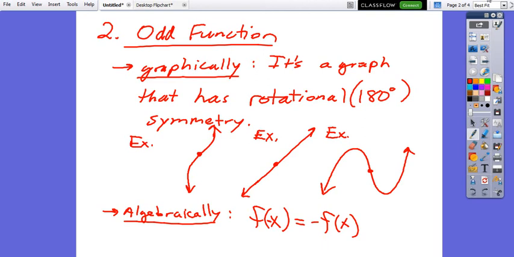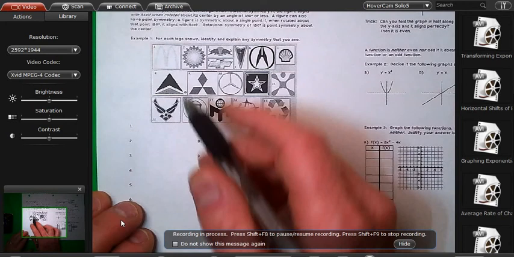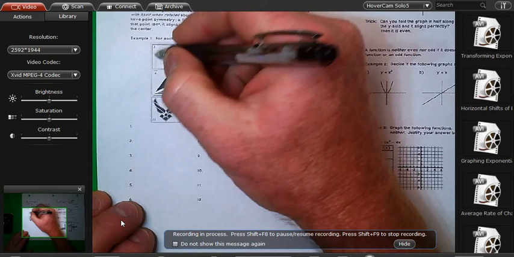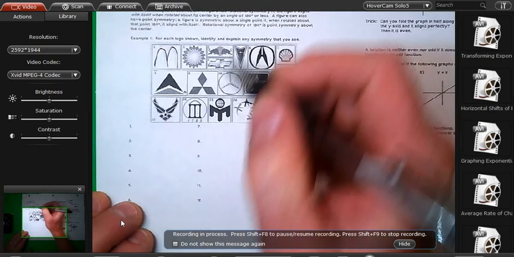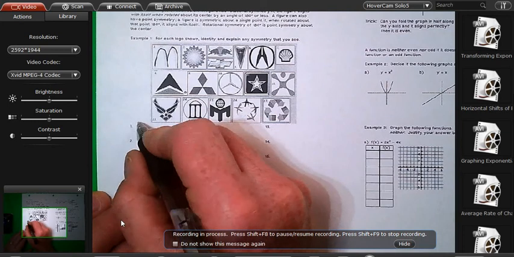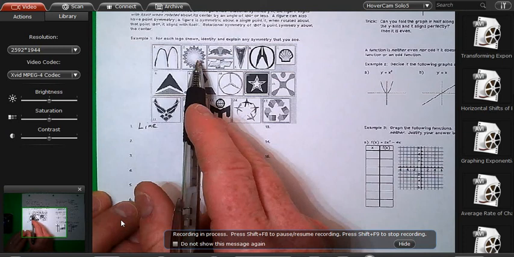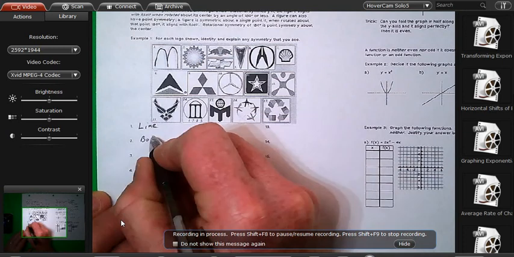All right, so we're looking at the first 10 of these problems. Now this first one is kind of hard to see on the video, but that's a McDonald's symbol. And so what type of symmetry does it have? L. L for line. Okay, number 2? B. B for both, because it has both line and, if you cut it like this, you can cut it in half.